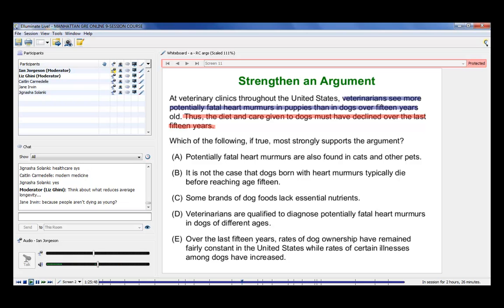But that's actually only, well, yeah, Jane, but specifically which people aren't dying as young? What group is not dying as young? There's one specific group. Yeah, not those with diseases.